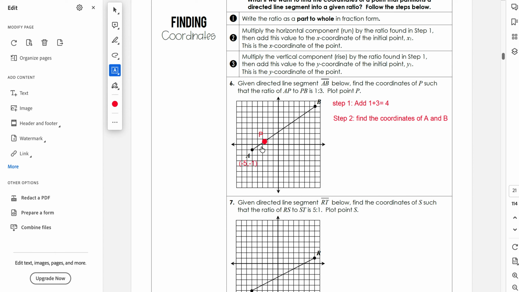So if we look at it now, the y-coordinate is negative 1. And then the coordinates of point B are 1, 2, 3, 4, 5, 6, 7, and then the y-coordinate is 1, 2, 3, 4, 5, 6, 7. So it's basically 7, 7.